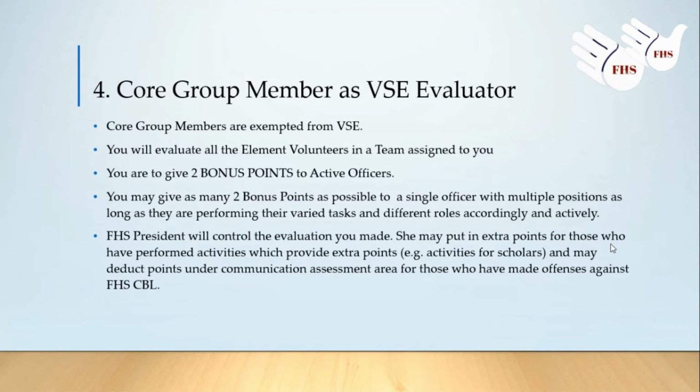So you may give as many as 4, 6, 8, as long as that officer has that many positions and manages to perform well in all of his or her positions.